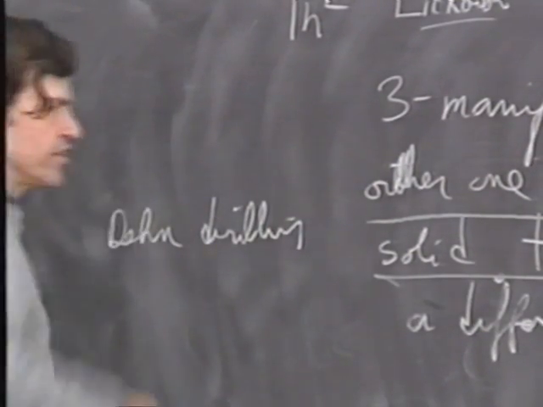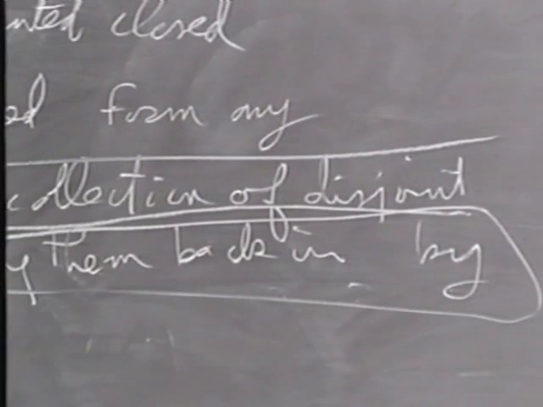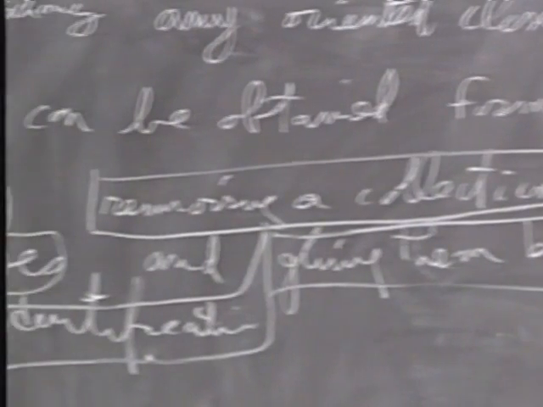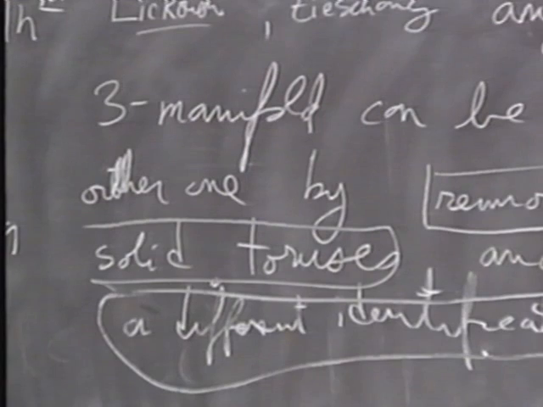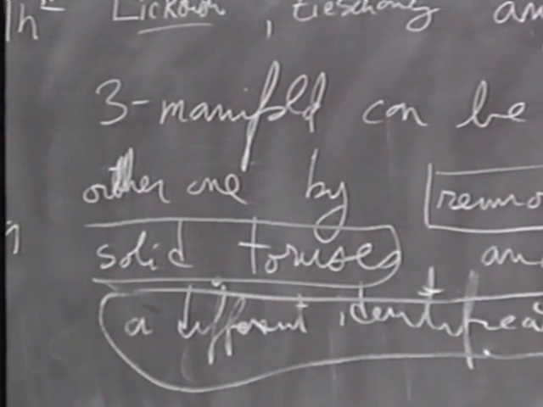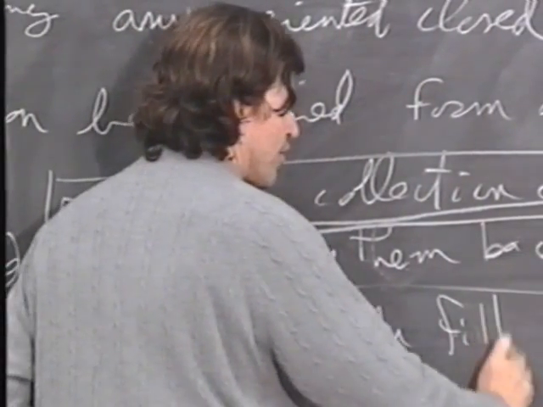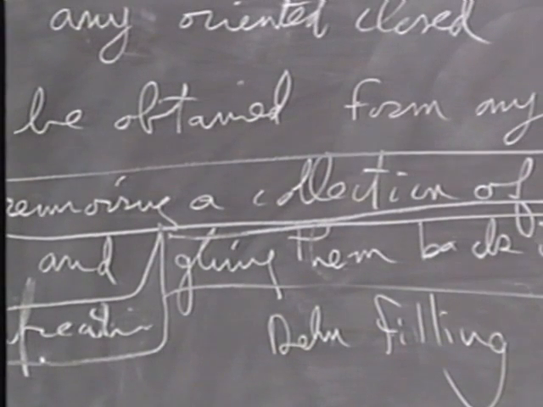You drill out holes and glue solid tori in. So when you drill, you have a three manifold, you drill out solid tori, you obtain a three manifold whose boundary consists of tori. And if you have a three manifold whose boundary consists of tori and glue solid tori back in, that's called Dehn filling. And if you do it all in one step, first you drill, then you fill, but you don't stop for breath in between, that's called Dehn surgery.